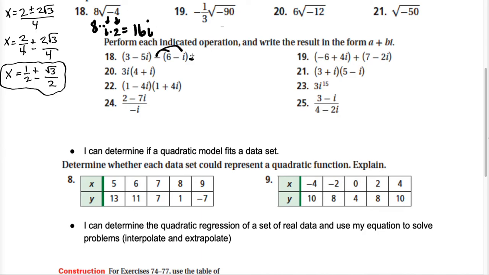So this one becomes 3 minus 5i minus 6 plus i. That minus sign just makes each one of those two things opposite. And then you just combine like terms. So 3 minus 6 would be negative 3. Negative 5i plus i would become negative 4i.